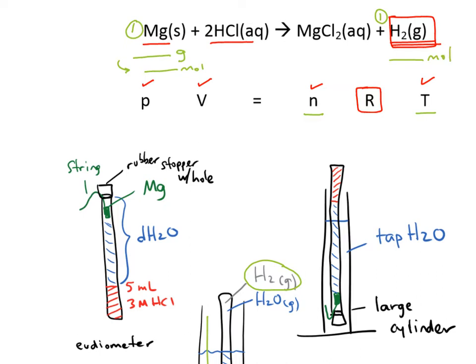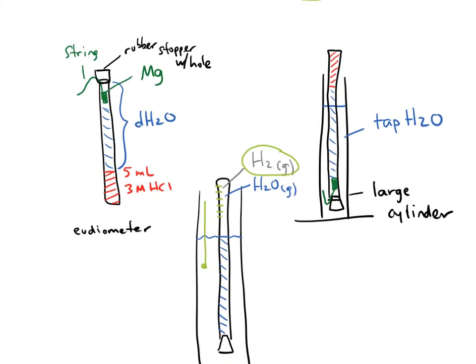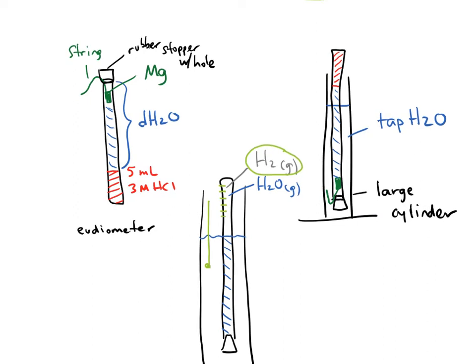So there's the moles. The volume is going to be easy because you're just going to read it off the eudiometer. The eudiometer has markings on it, and you're simply going to read the volume of the hydrogen gas that is in the eudiometer. And of course you can do that when the levels of the water inside and out are the same. So when this level of water is the same as this level of water, read the volume.